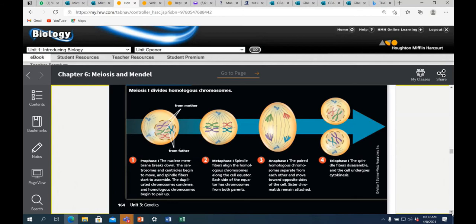Yes, they're in this picture. They are the blue things that go to opposite sides in order to divide the chromosomes. Yes, perfect. So basically, they are also present in the cell, and they also help in the cell division.